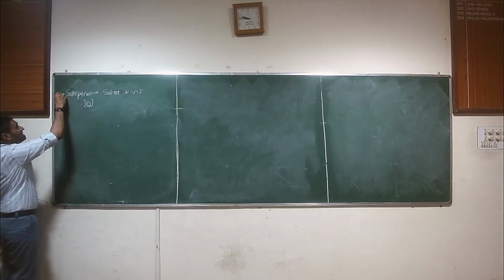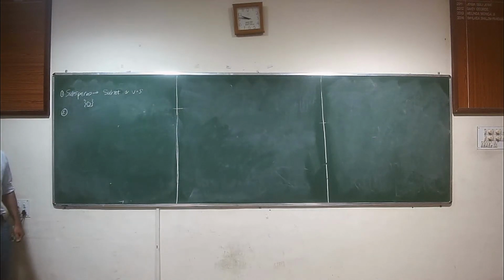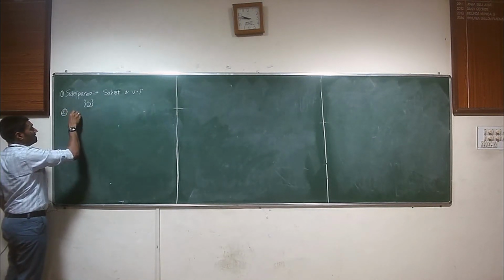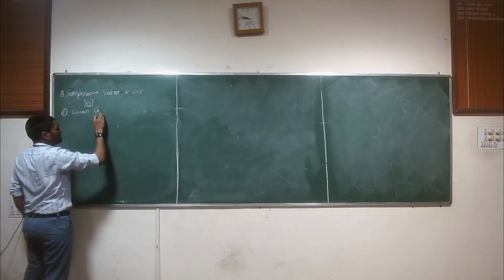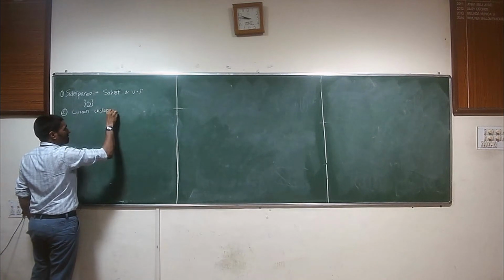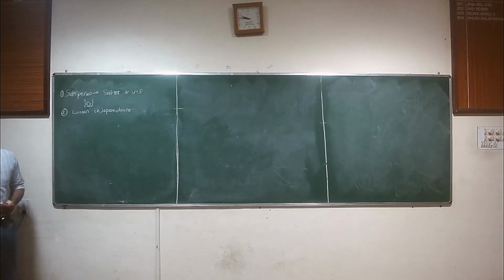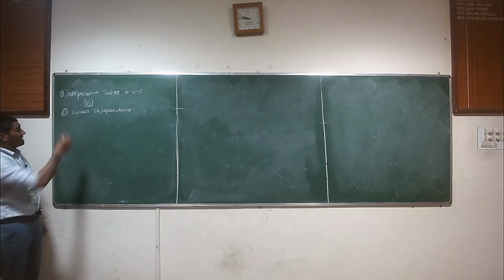Okay, and then, so this is what we first discussed, and then, what is linear independence? No, what is it? So, vector spaces are sets, subspaces are also sets.